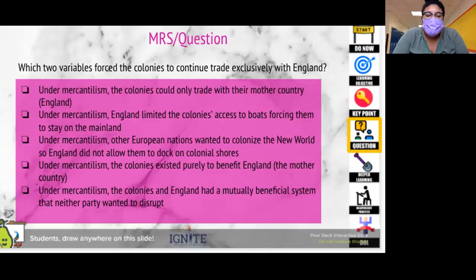Under mercantilism, other European nations wanted to colonize the New World, so England did not allow them to dock on colonial shores. Under mercantilism, the colonies existed purely to benefit England, the mother country. Under mercantilism, the colonies and England had a mutually beneficial system that neither party wanted to disrupt. So which of these 2 explained why colonies only traded with England? Go ahead and select your response.